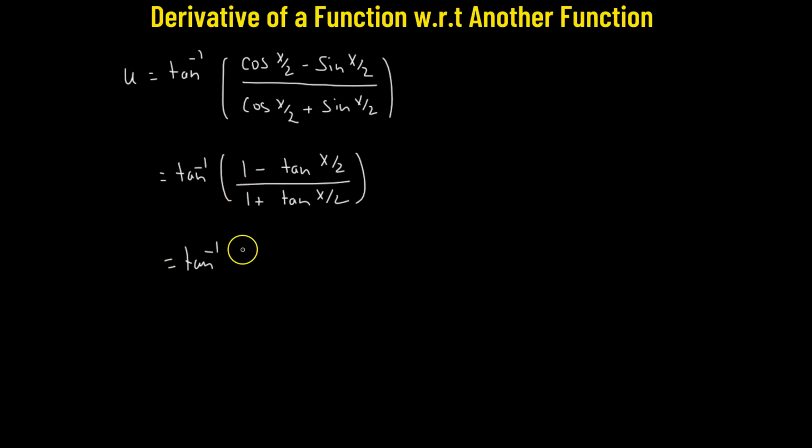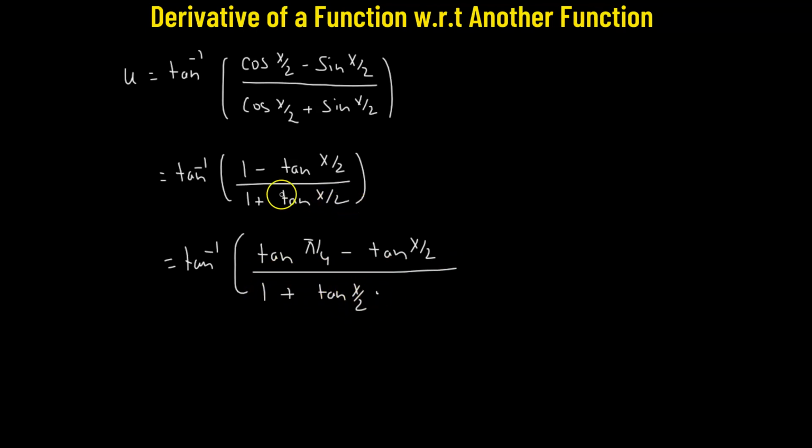Right. Now in place of 1, I will replace it with tangent of pi over 4, because we know that tangent of pi over 4 is equal to 1. So we can write 1 minus tangent of x over 2 divided by 1 plus tangent of x over 2 multiplied by 1, such that in place of 1 we replace it with tangent of pi over 4.